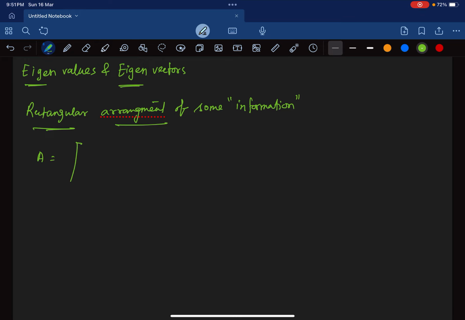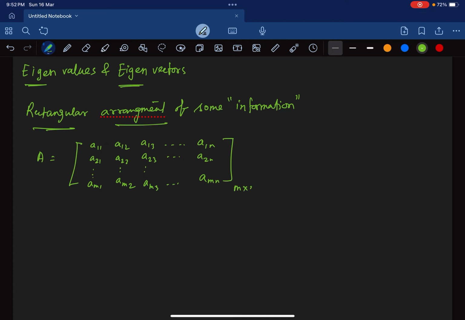So the general form of a matrix one can write like this: A is equal to A11, A12, A13, and so on up to A1n, then A21, A22, A23, up to A2n, and so on, up to AM1, AM2, AM3, and so on, AMN. So this is a generalized form of a matrix.